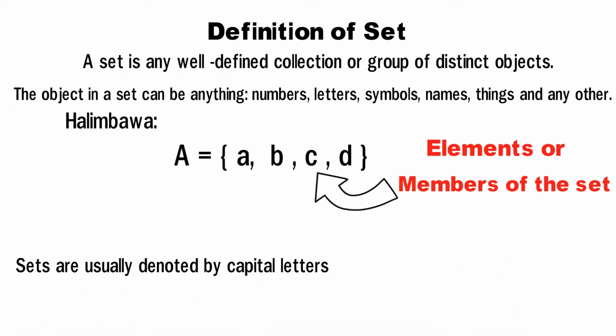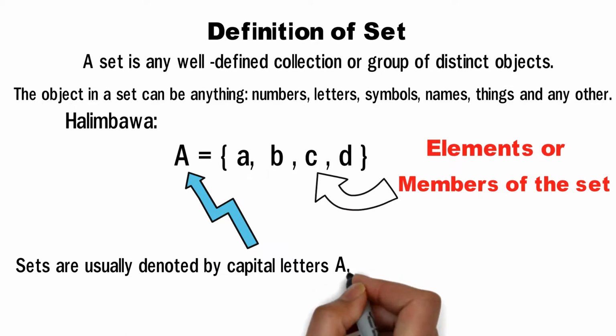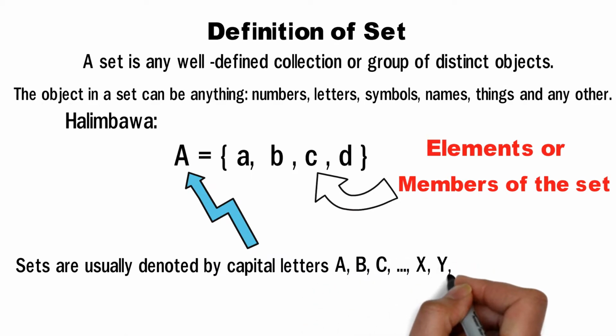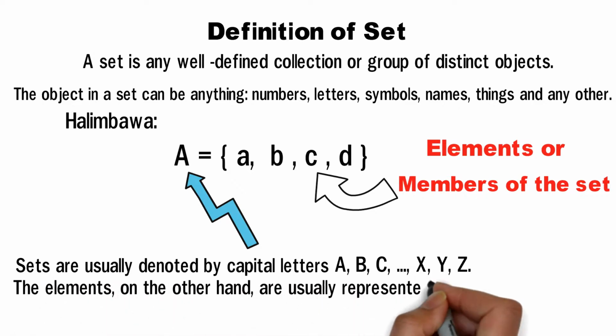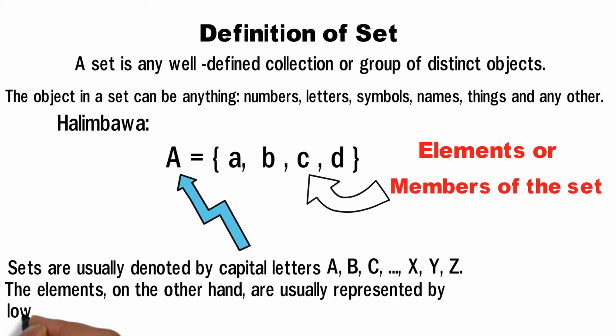Sets are usually denoted by capital letters A, B, C, until X, Y, Z. The elements, on the other hand, are usually represented by lowercase letters a, b, c, until x, y, z, katulad ng binigay kong halimbawa sa itaas.